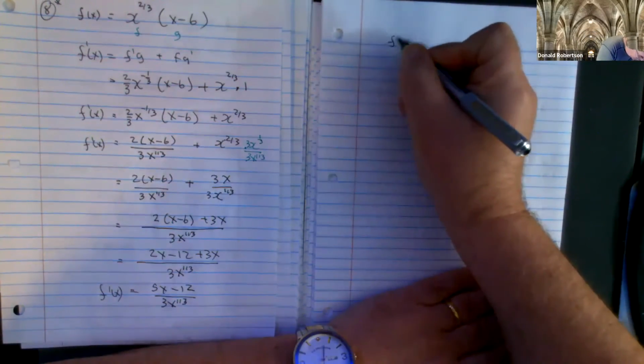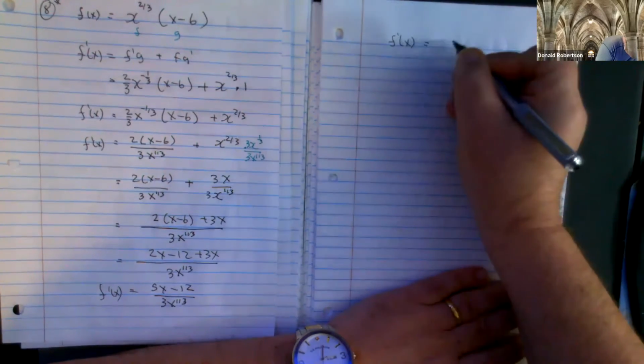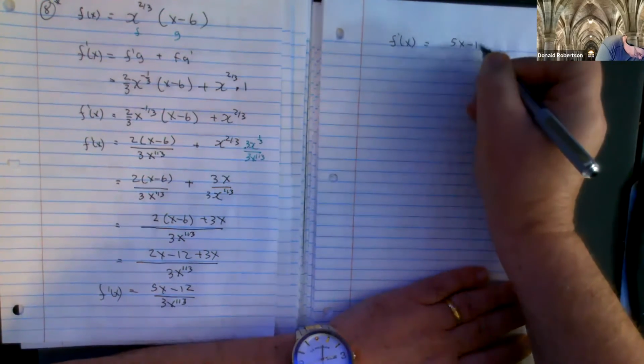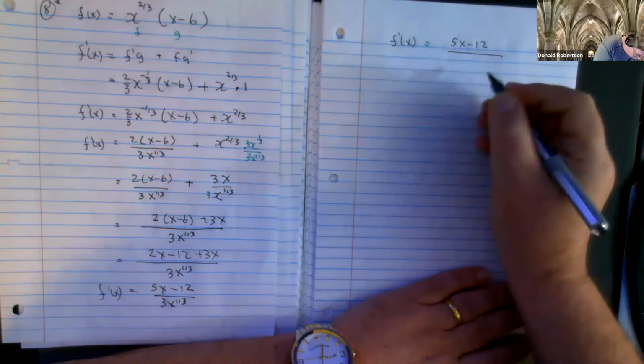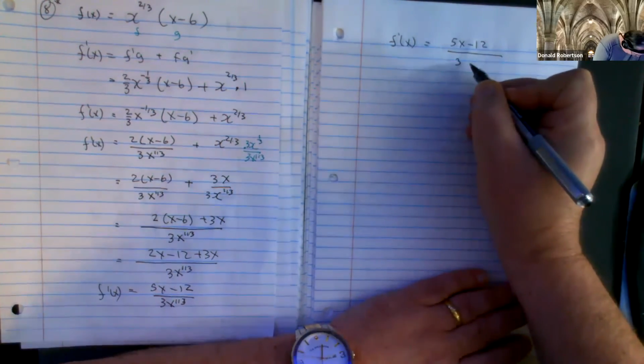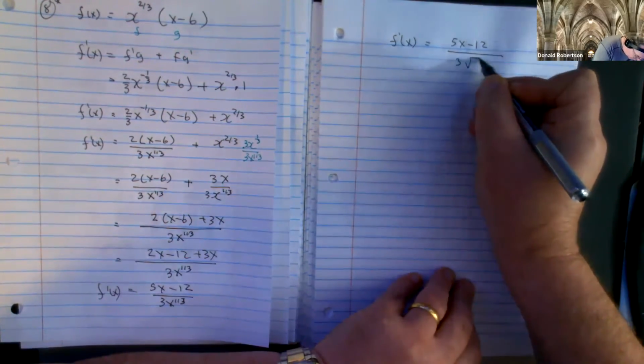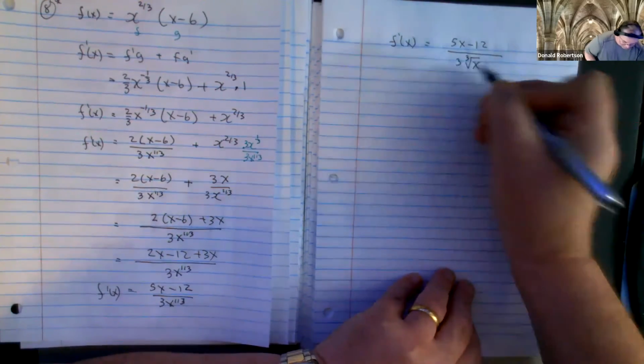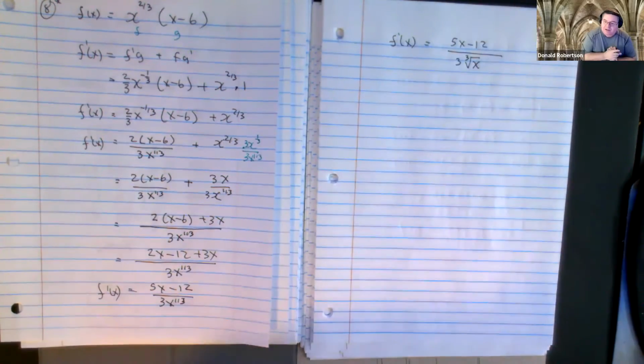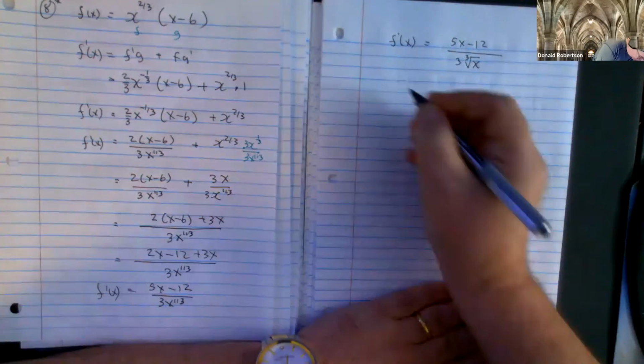So over here, the derivative of this function is 5x take away 12 all over 3 times x to the third, which I'm going to rewrite as the cube root of x. Okay. Now I'm ready to find critical numbers.